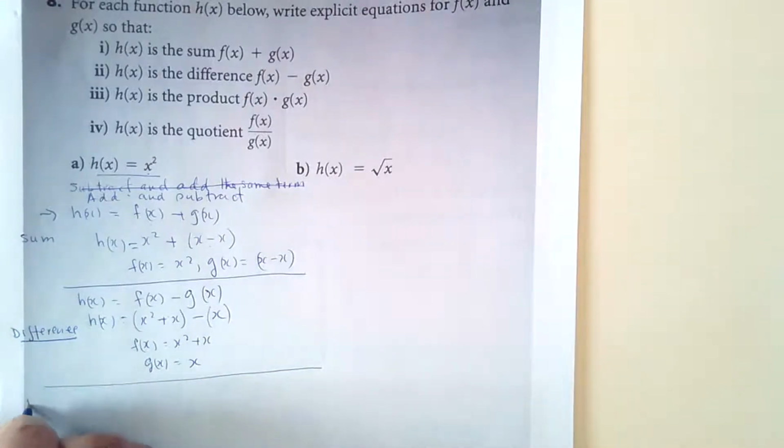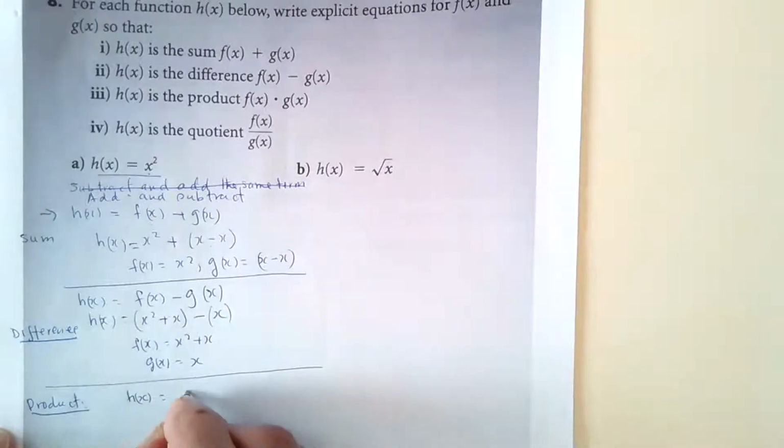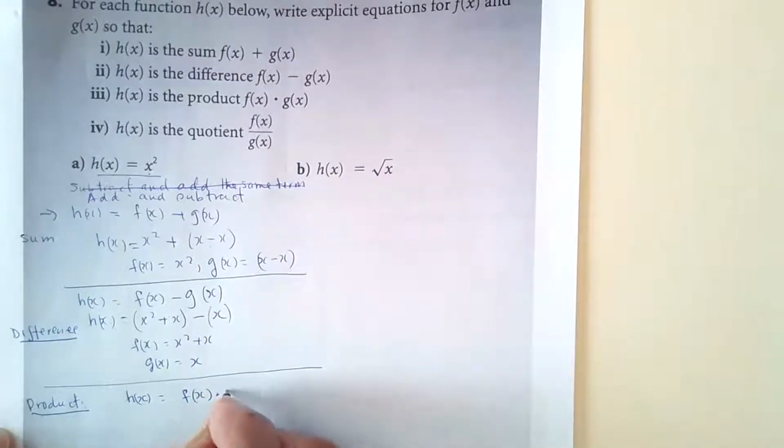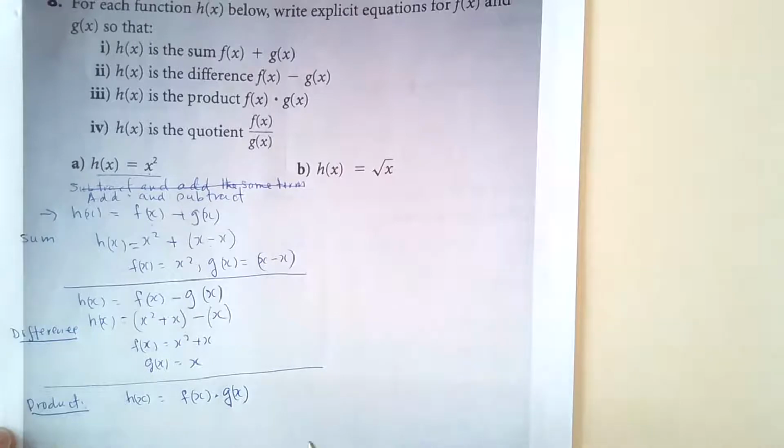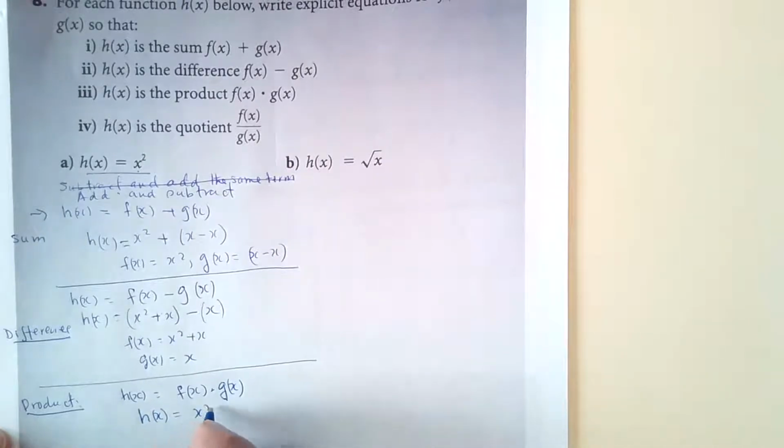Now we do product. So h of x is equal to f of x times g of x. Write back my h of x is equal to x squared.